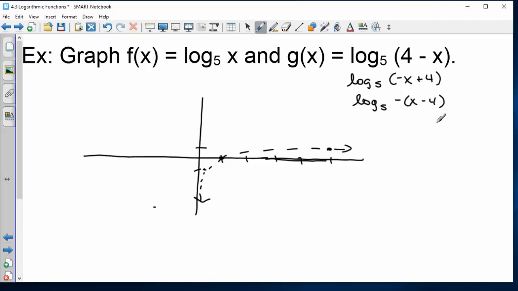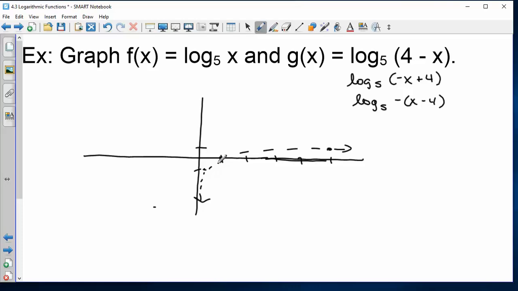So then you have to think, what does a negative on the x do? Flips it over the y. And what would that minus 4 do? It's attached to the x, so right 4. So what we're going to end up doing is flipping over the y and moving right 4.